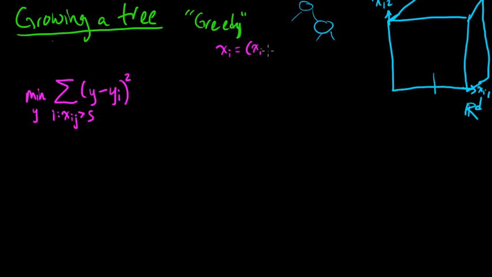X_i is some point x_i1, x_i2, up to x_id. So we're going to sum over those i's for which x_ij, the jth coordinate, is greater than s.